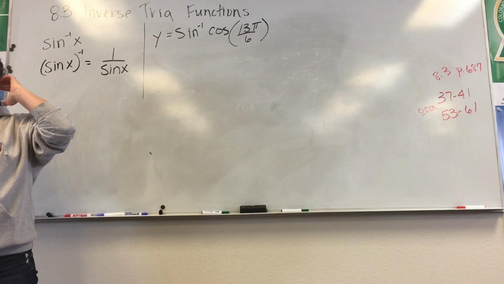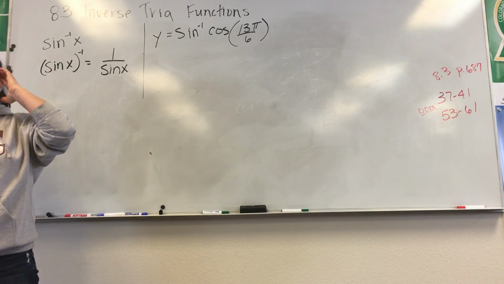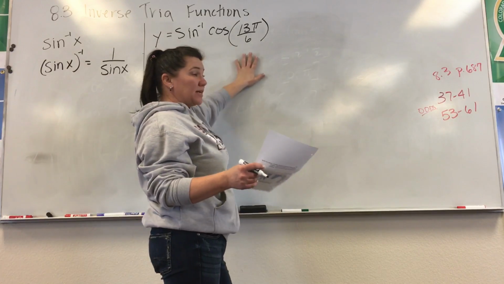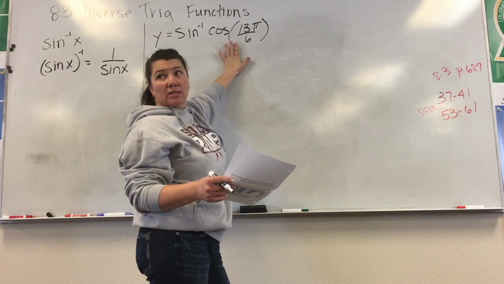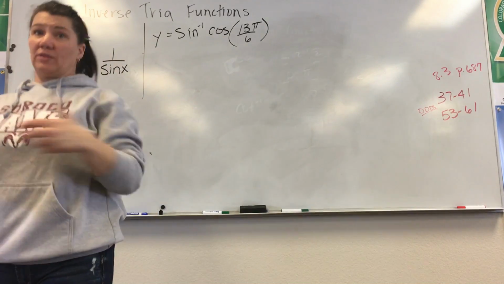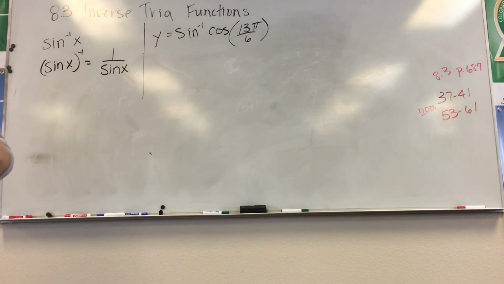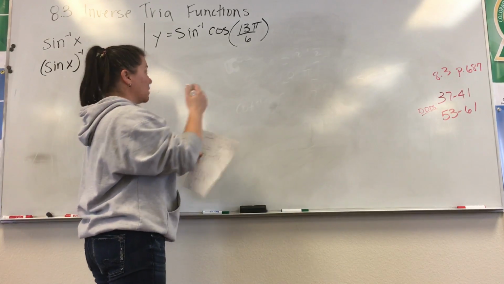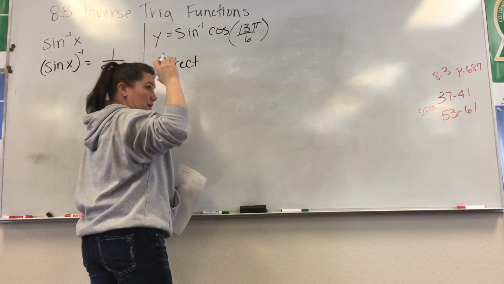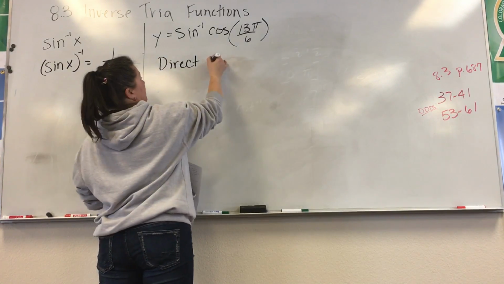They're not accurate, they're not exact. You have lots of rounding and estimation errors if you just punch this into your calculator. Sometimes we're forced to. Sometimes that's the only thing we have left to do. But if we don't have to get a rounded answer, we want to get an exact answer. So on this one, we call it direct evaluation when we want an actual answer, not a rounded answer.